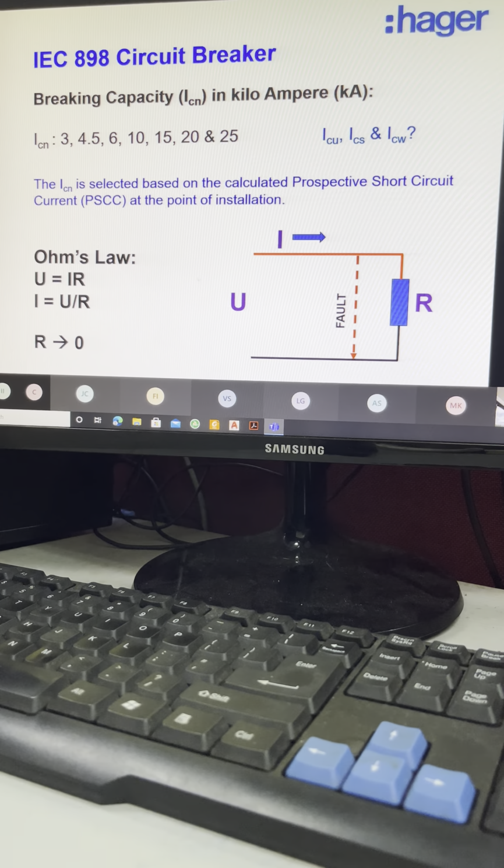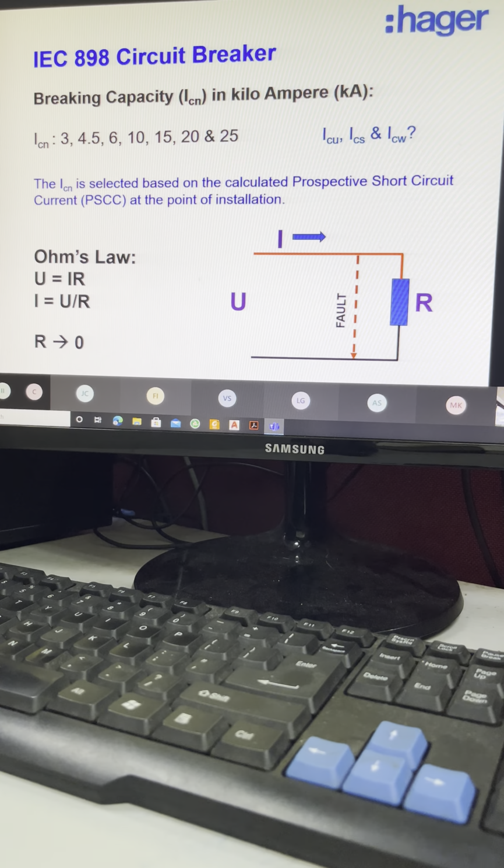It means your breaker can withstand the PSCC many times without you having to worry. But if you select ICS at maybe 75% or 50% of ICU, then every time there's a fault and the breaker trips, you need to check to confirm that your breaker is still okay to be used again and able to clear the fault should there be another short circuit.